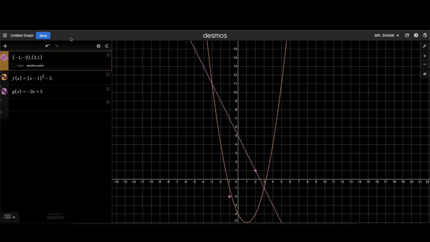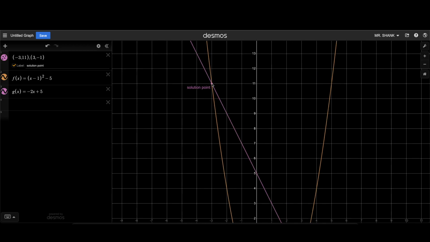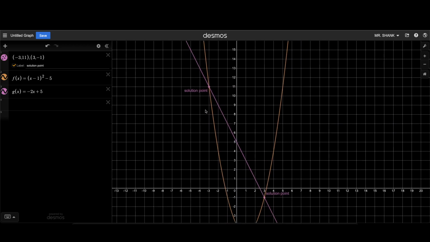So let's say negative, what was that, -3 and 11, and we had +3 and -1. So those are going to be your 2 solution points. Again, notice how they are where those 2 lines intersect.